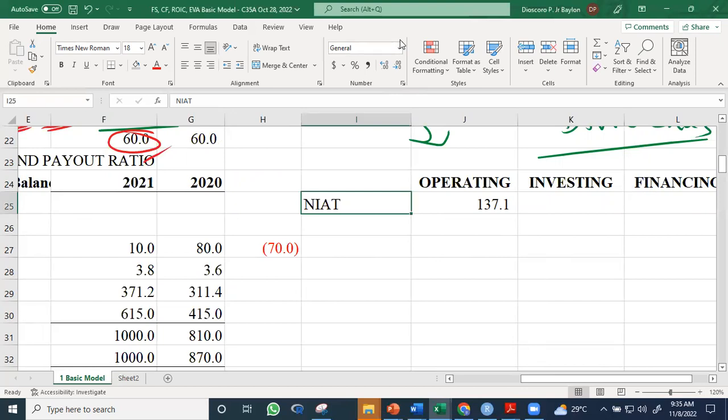Yes or no, class? Answers, please. Just type yes if you think that net income after tax is equivalent to cash, and no otherwise.